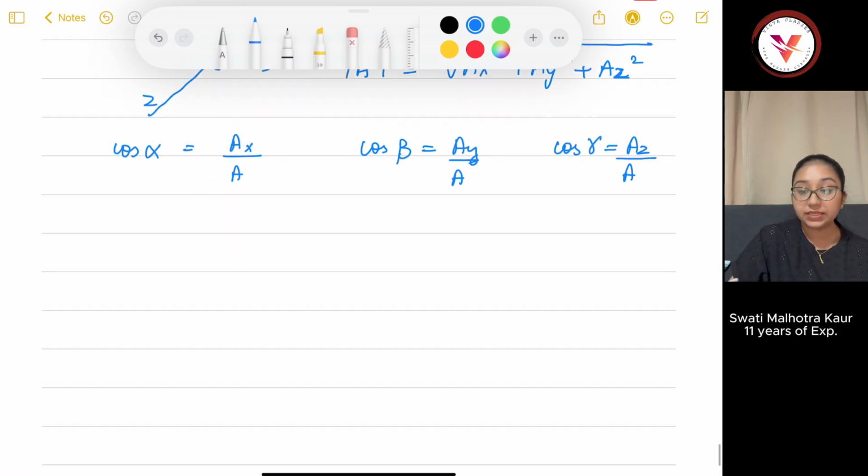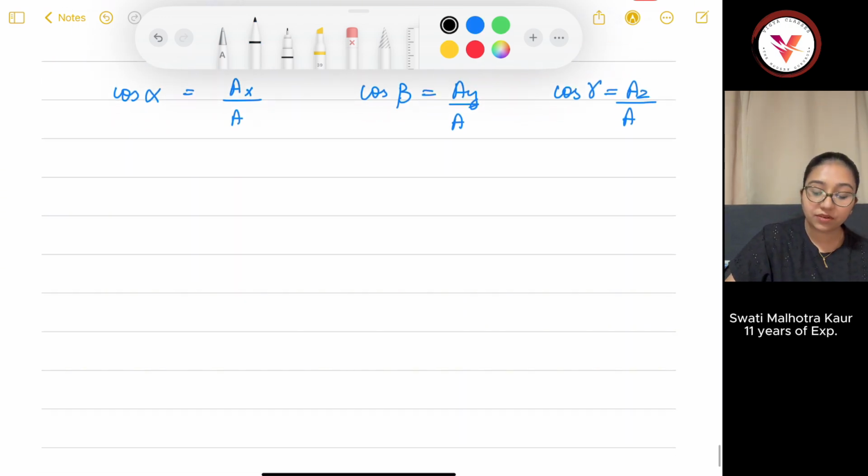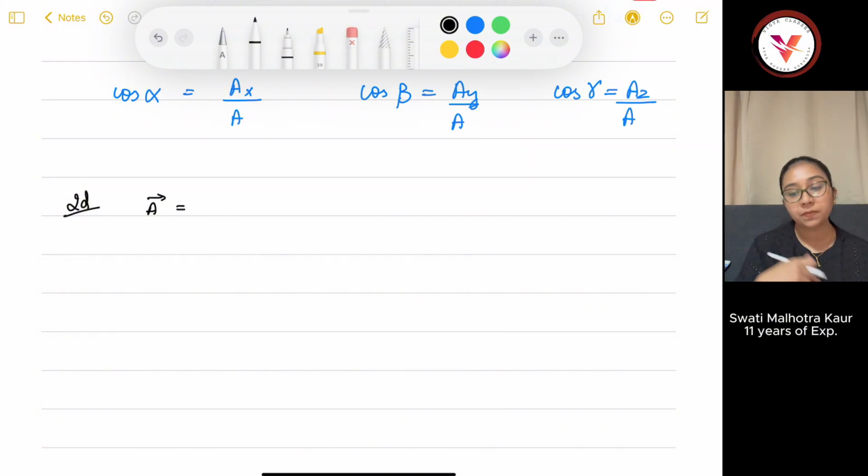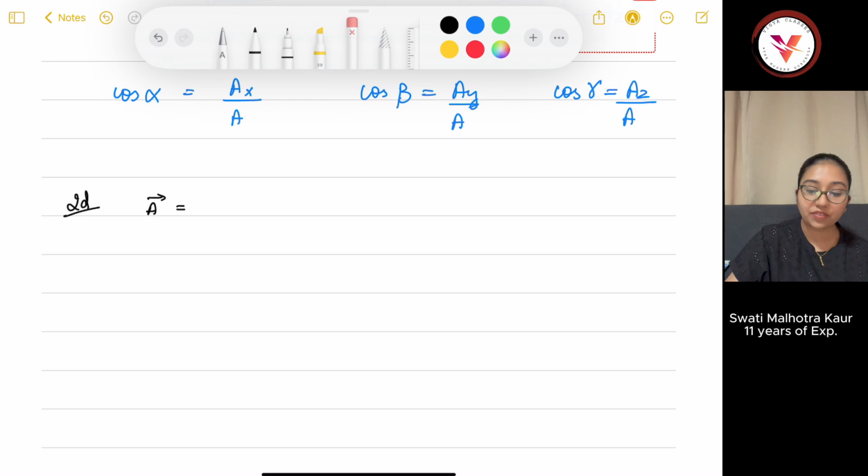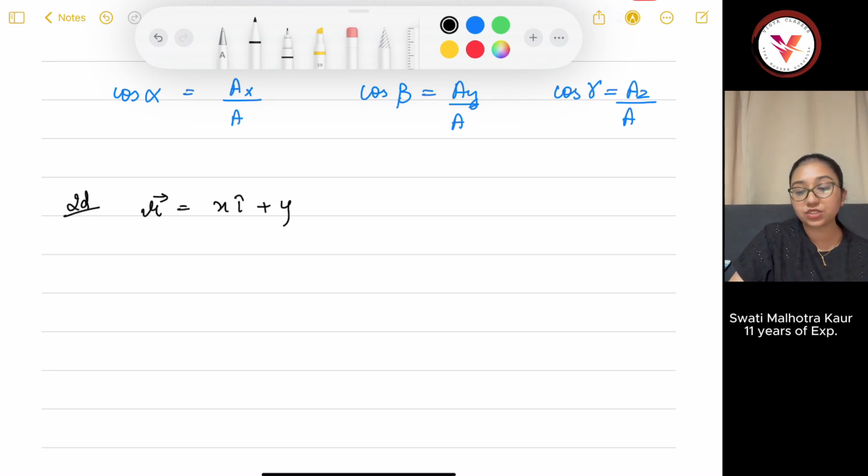Okay, so all you have to remember for 2D is that a vector can be written as, or r vector. A is just a notation, but in mechanics we generally use r vector and write it in terms of x, y, and z. So let's take r vector, and it can be written as x i cap plus y j cap.